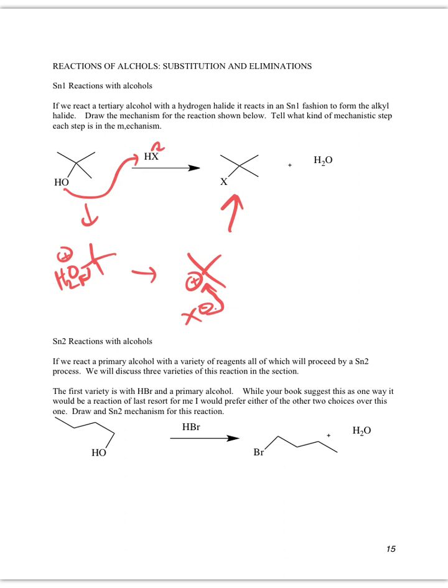Now we know in an SN1 we need a weak base, weak nucleophile. We need a tertiary leaving group is best. If we don't have a good leaving group, we have to be able to make a good leaving group, like in this case.